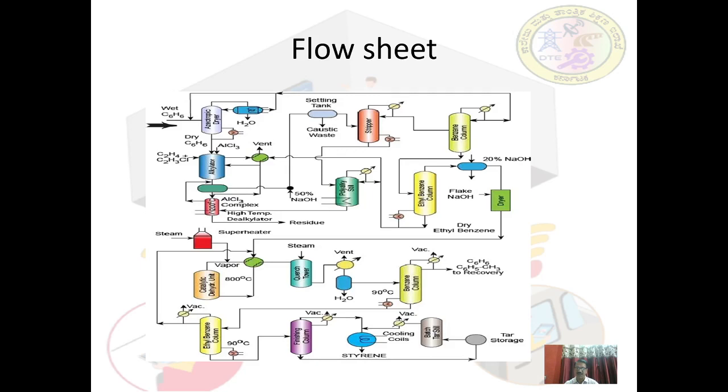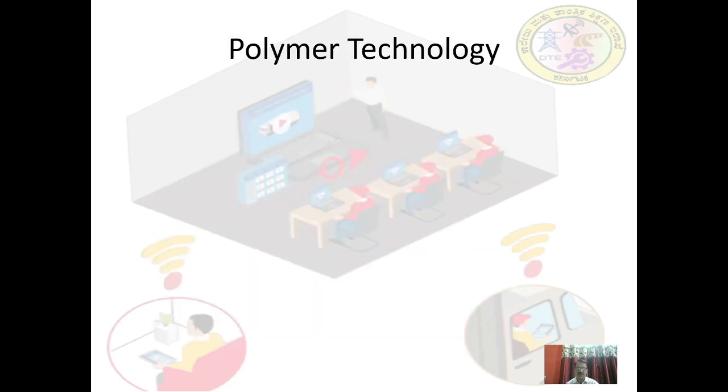This is what we have studied in the last session. In the last session, we also discussed polymer technology in brief, and we have seen some of the nomenclature. You'll recall that the first one is polymer. Polymer is a large chain molecule having high molecular weight in the range of 10 to the power 3 to 10 to the power 7.